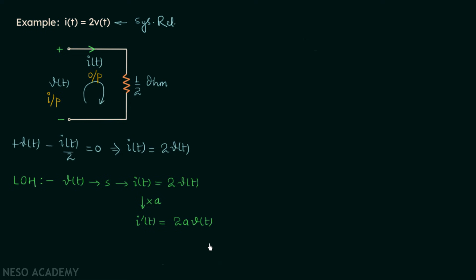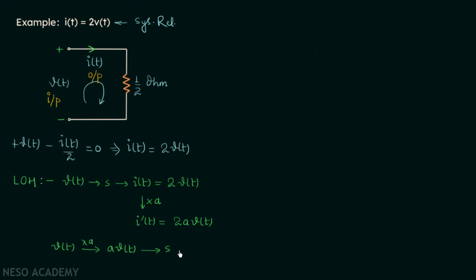VT. Now in case number 2, instead of multiplying the output by A, we will multiply the input by A. We have VT, we will pass it to a system which will multiply the amplitude by A. We will have A VT, and now we will pass this to our system.